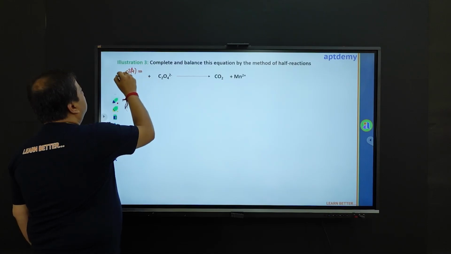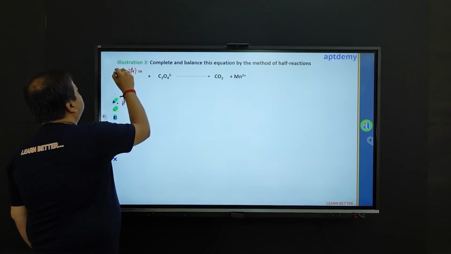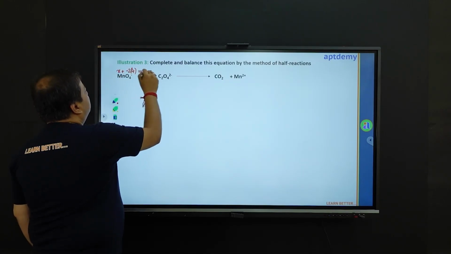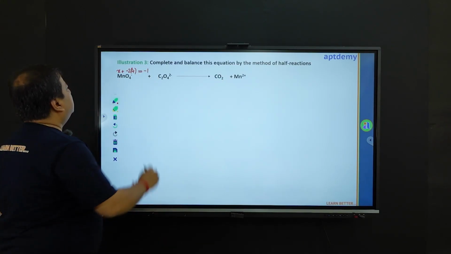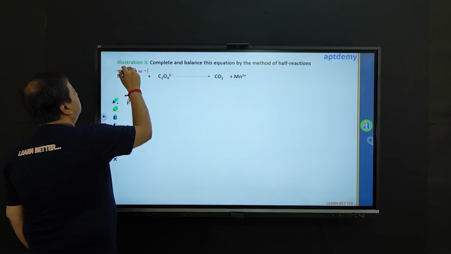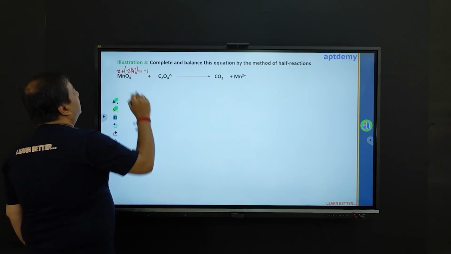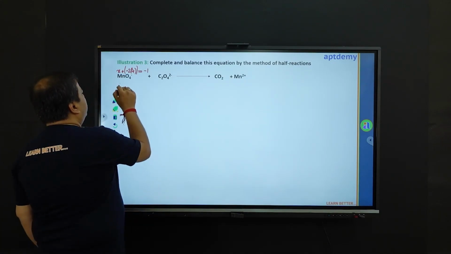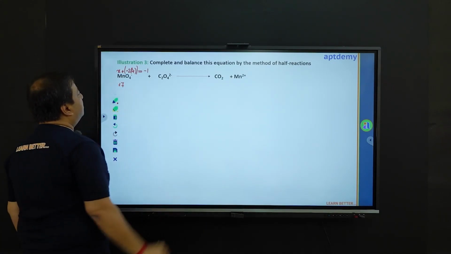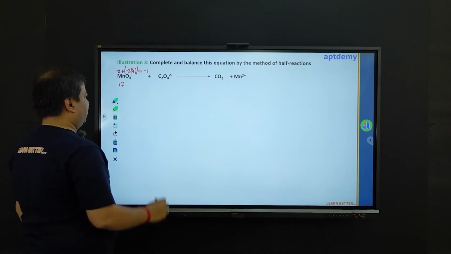and we are taking the oxidation state of Mn as X. So the algebraic equation will be X plus -2 times 4 equal to -1. So Mn is having the oxidation number +7.